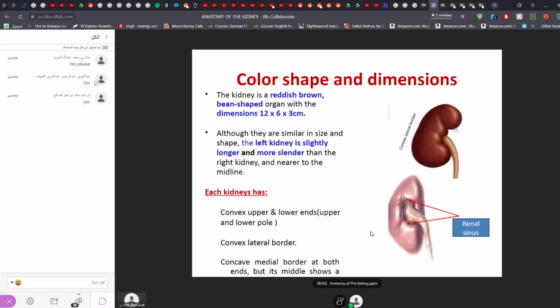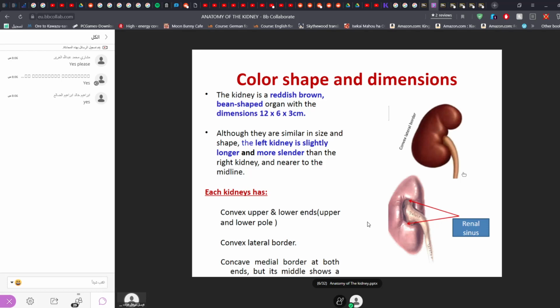Kidney, as a vertical structure, has an upper pole and a lower pole. Both the upper and lower poles are also convex in nature. So the lateral border is convex, the lower pole is convex, the upper pole is convex, and the medial border is concave.